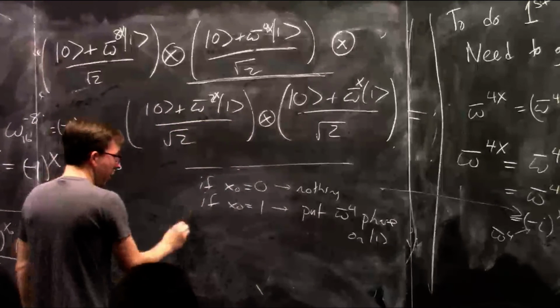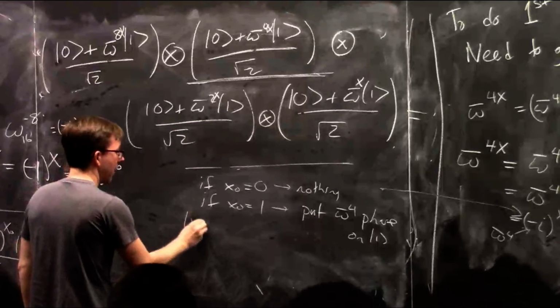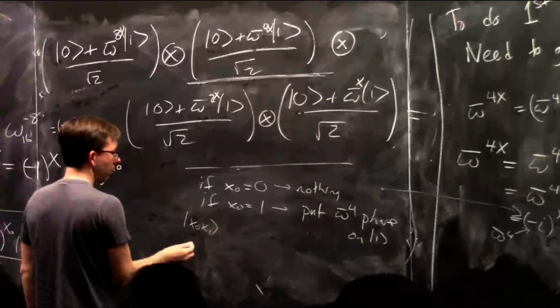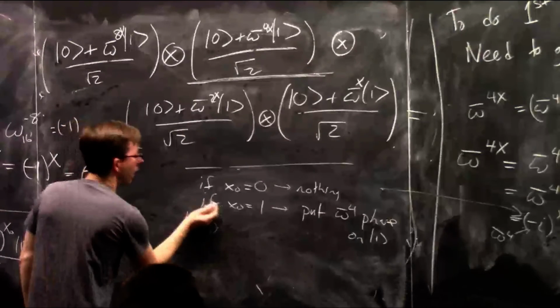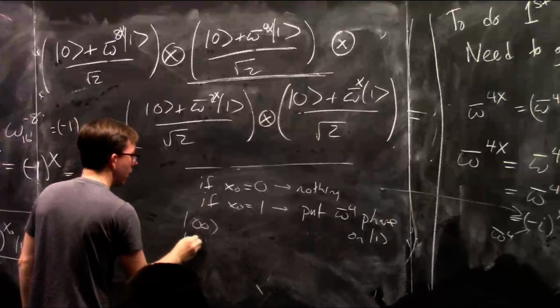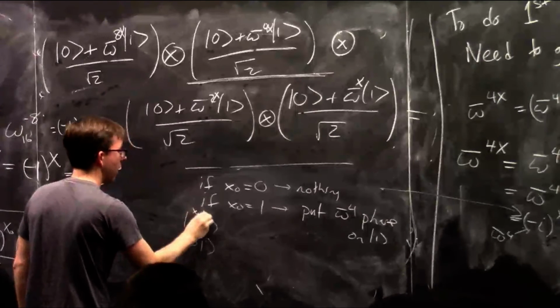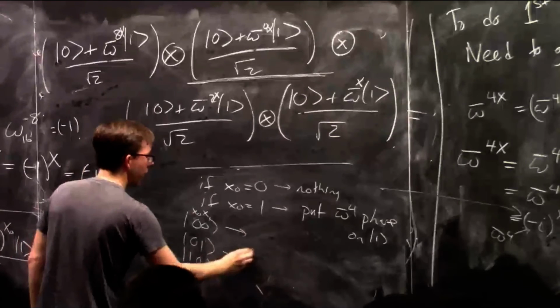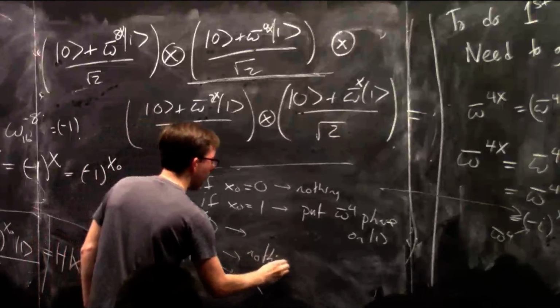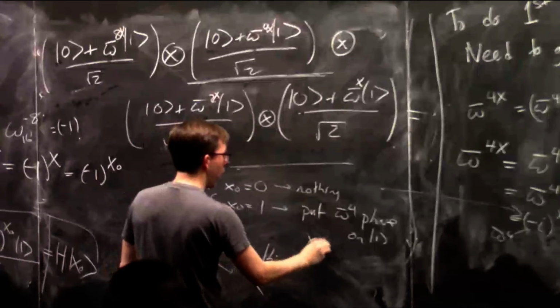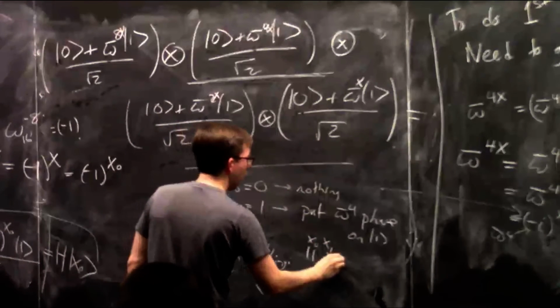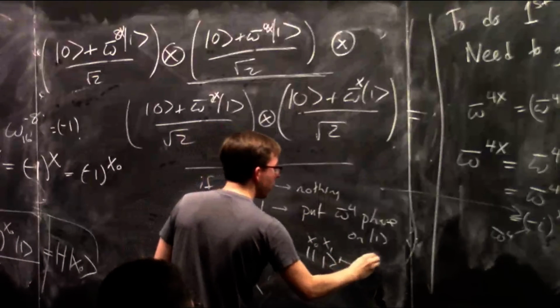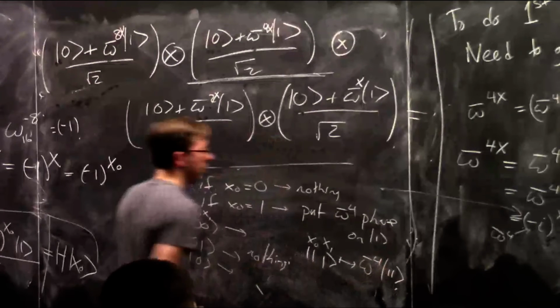Or in other words, if you think about it, x0, x1: if it's 0,0, 0,1, this is x0, this is x1, 1,0, do nothing. And if it's 1,1, we need to map it to omega bar to the 4 times 1,1.